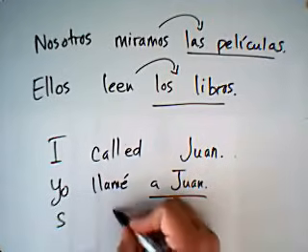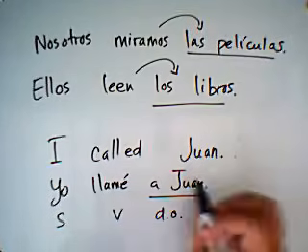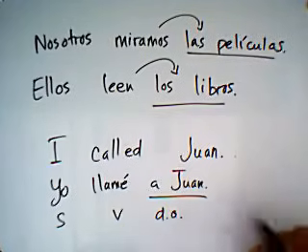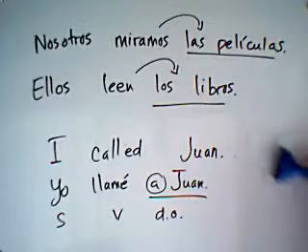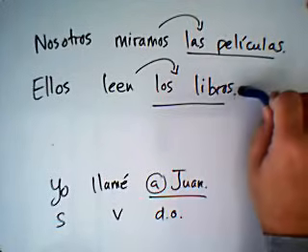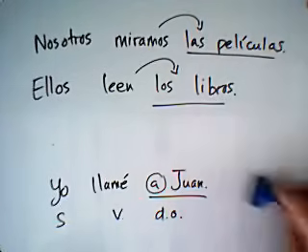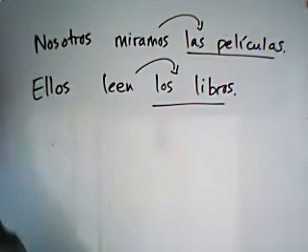We have subject, verb, direct object. Okay, and in Spanish, when your direct object is a definite person, they insert the a. It's called an a personal. Yo llamé a Juan. Okay, so our direct objects can be singular nouns, plural nouns. They can be masculine, los libros, feminine, las películas, and they can be people. Llamé a Juan. Conocí a José.